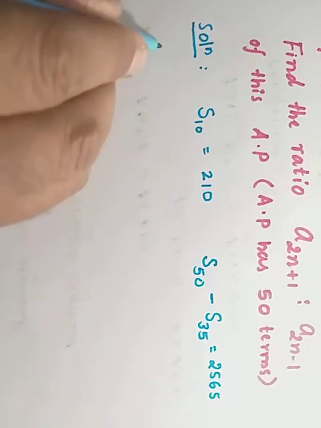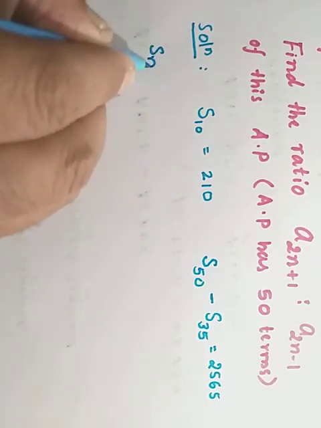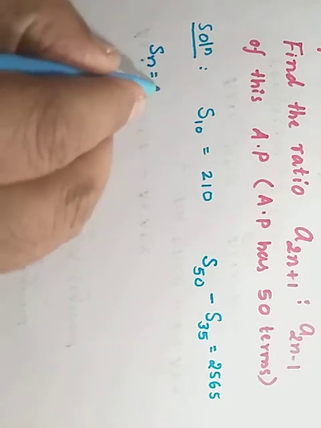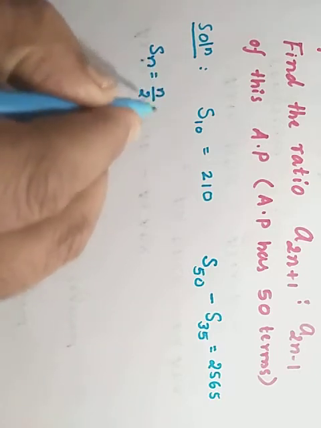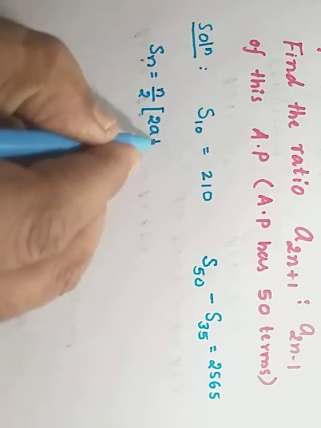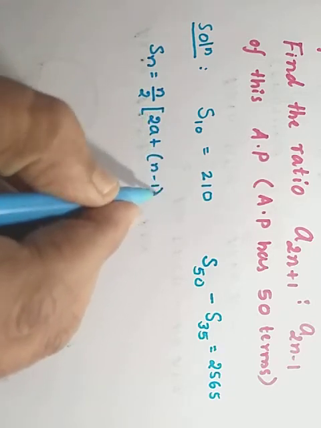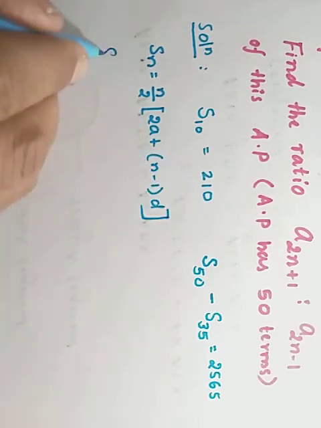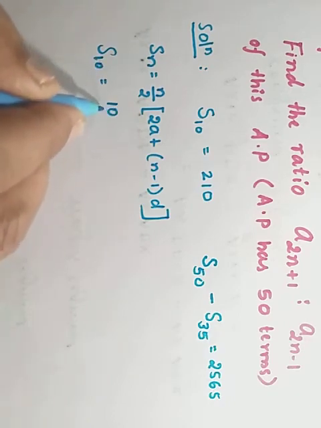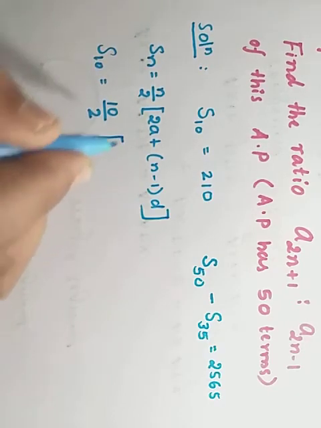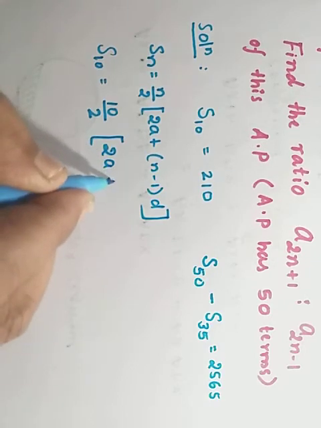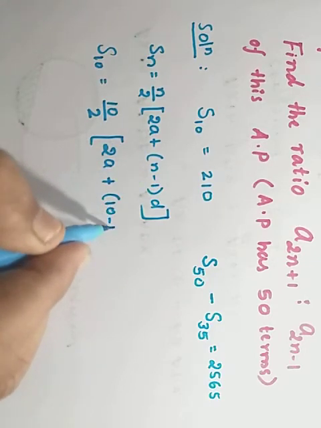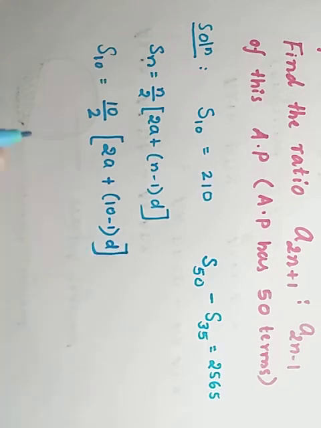Dear students, we shall start with Sn is equal to n by 2 into 2a plus n minus 1 into d, which is our formula. S10 is equal to 10 by 2 into 2a plus 10 minus 1 into d. S10 is given as 210.